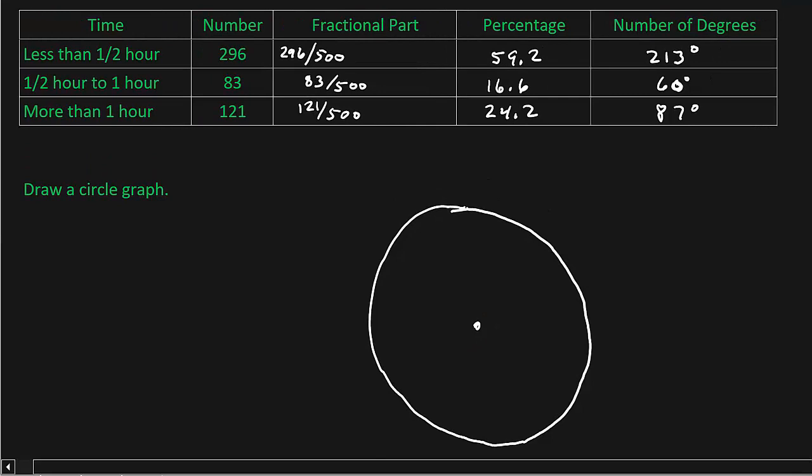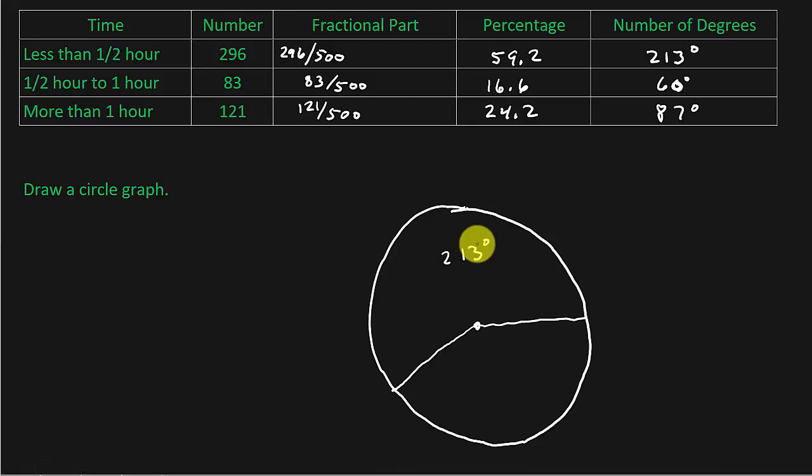And so what we do is we'll call this your 0 degrees. And we need to rotate this around 213 degrees. And so if we go straight across to here, that's 180. And so we would need to go a little bit more for 213 degrees. Okay. And so we'll call this 213 degrees.